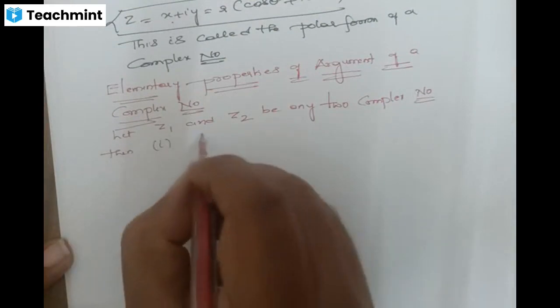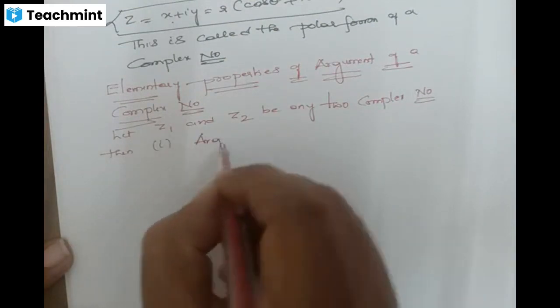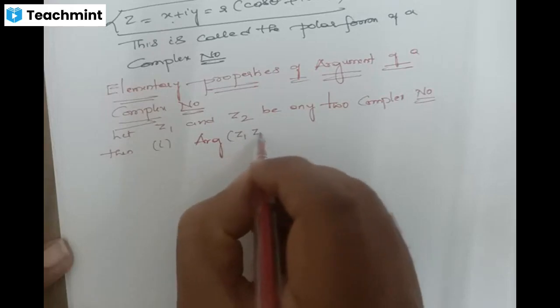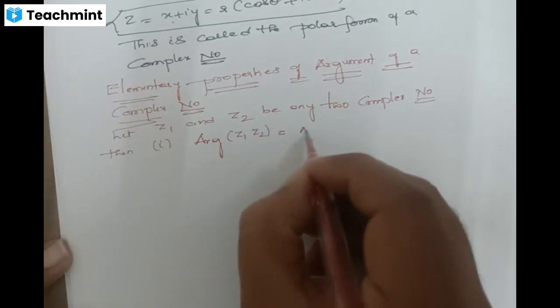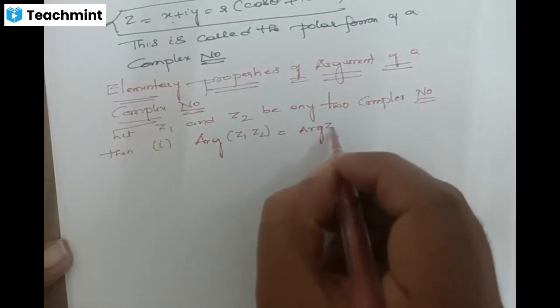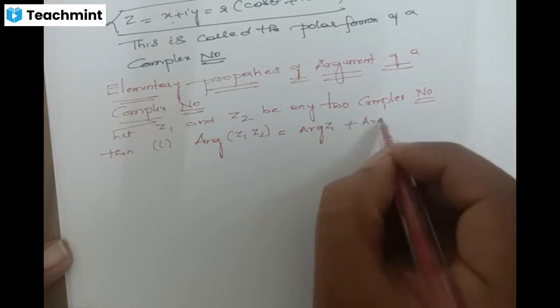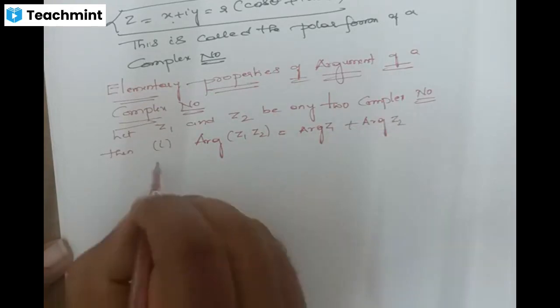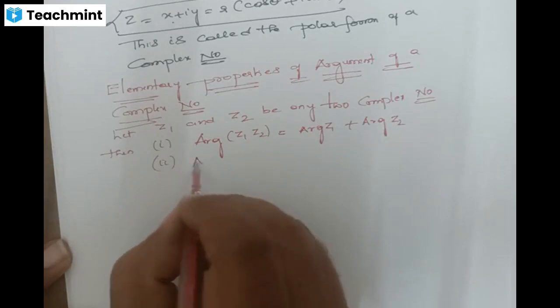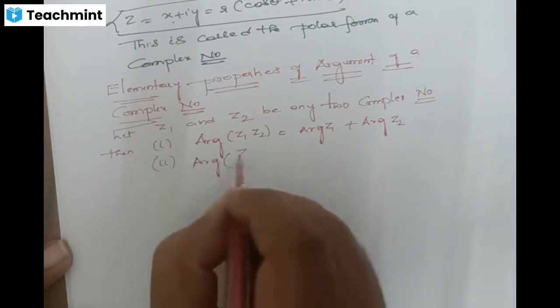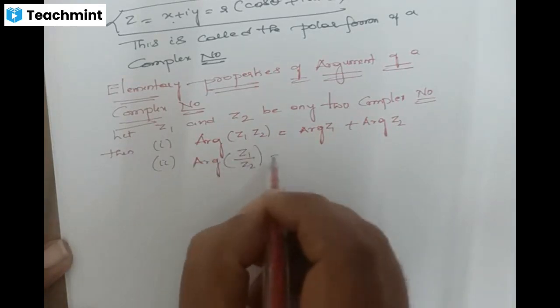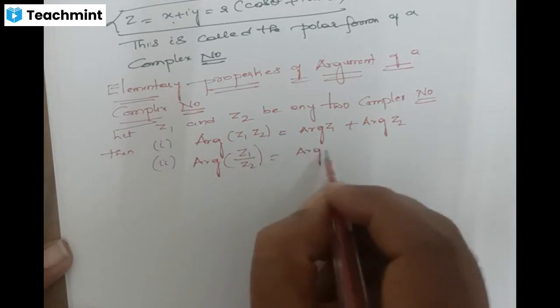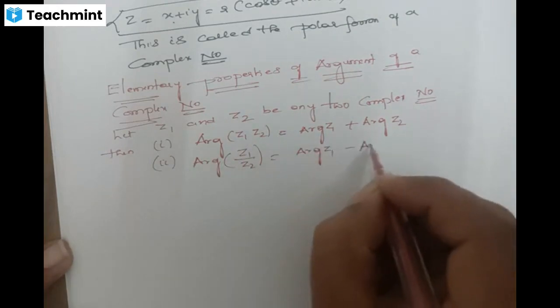The first one is argument of z1 into z2 equal to argument of z1 plus argument of z2. Second one, argument of z1 by z2 is equal to argument of z1 minus argument of z2.